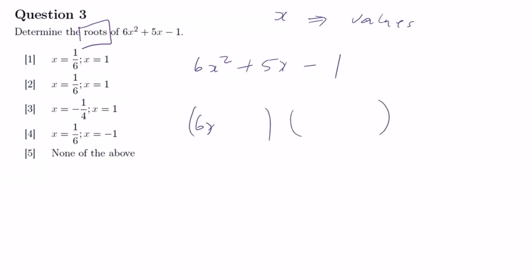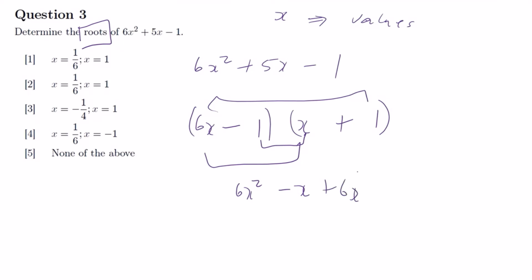You're going to have 6x and x, so 1 and 1, positive and minus. You want to check that you've got the correct factors. You're going to have 6x squared. The inner terms are minus x, the outer terms are plus 6x, and the last term is minus 1. So this is 6x squared plus 5x minus 1.